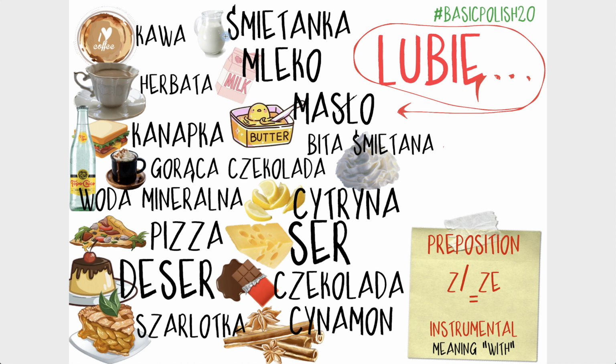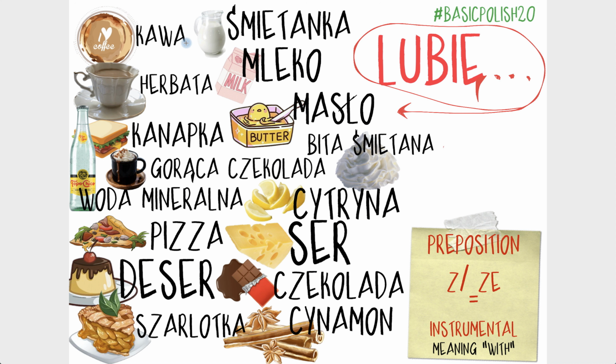Therefore, if we wanted to say with single cream, you would say ze śmietanką, simply because it's easier to pronounce. Instead of z śmietanką, you would say ze śmietanką. I'm using this word in the instrumental, and as it is a feminine noun, I'm adding ą.